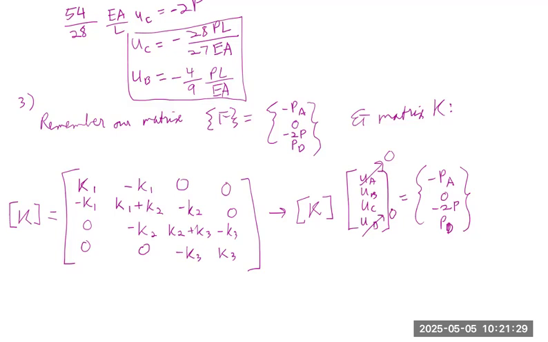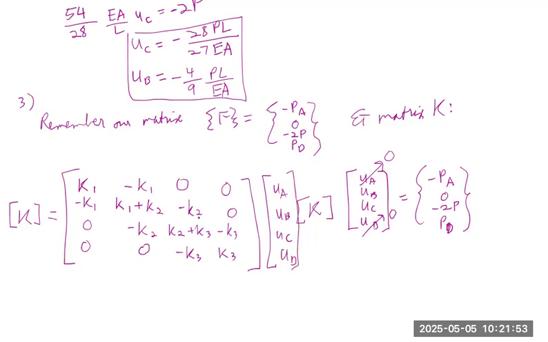And thus, if we think about how matrix multiplication works, basically we have the matrix K multiplied by the displacement UA, UB, UC, and UD.